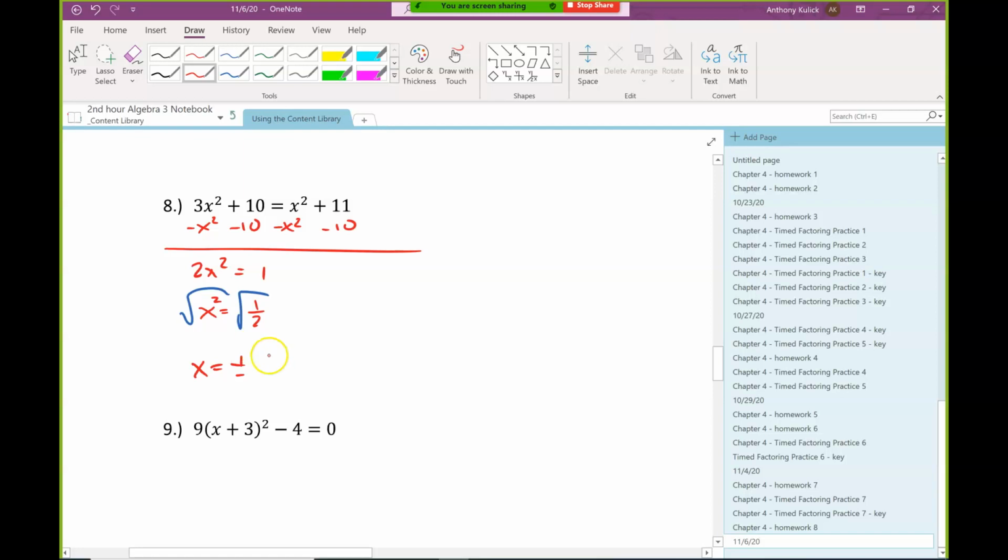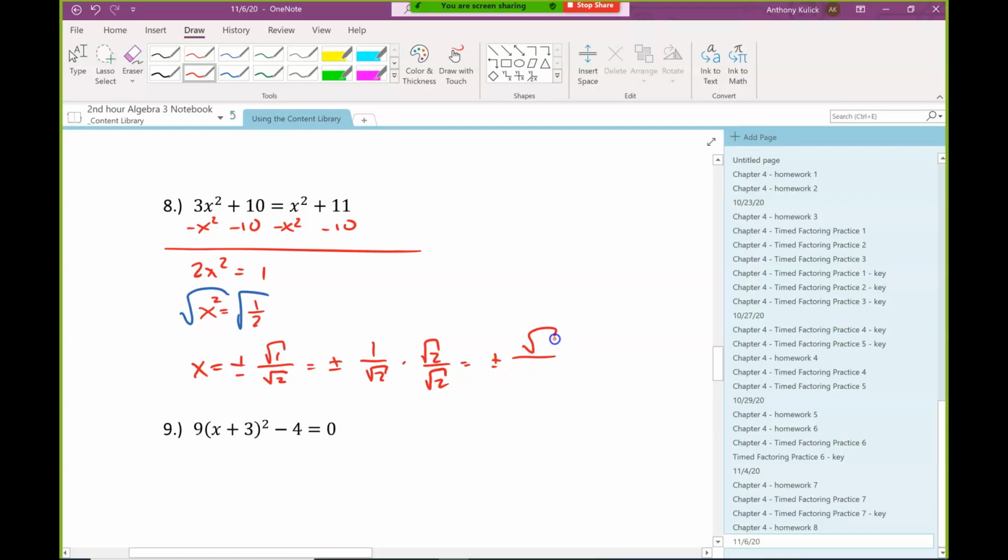Stop talking, please. The square root of a fraction is the square root of the numerator over the square root of the denominator. The square root of 1. And then we agreed that we didn't want to leave square roots in the denominator of our fraction, right? So to fix that, I'll multiply the top and bottom by the square root of 2.